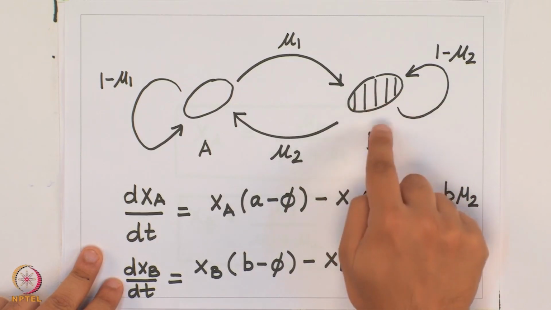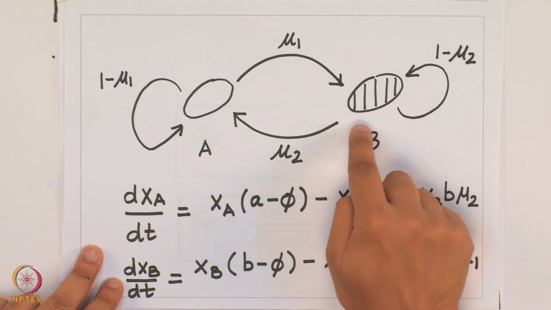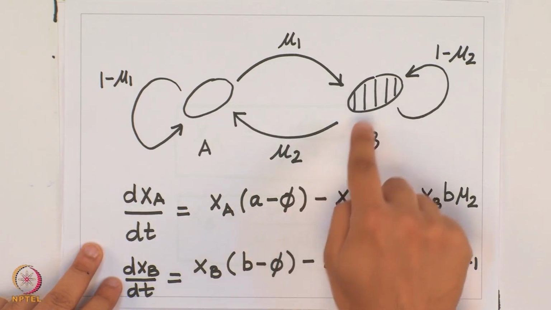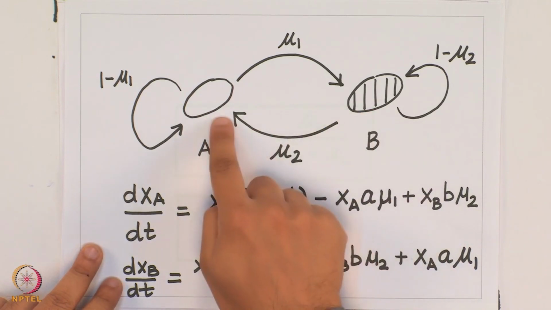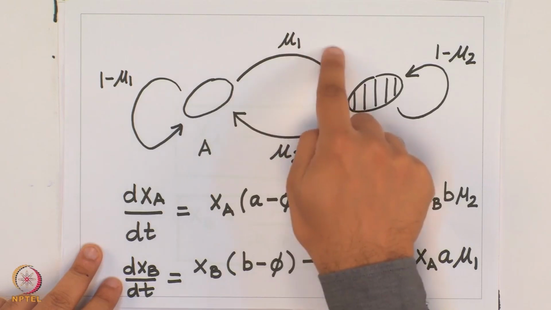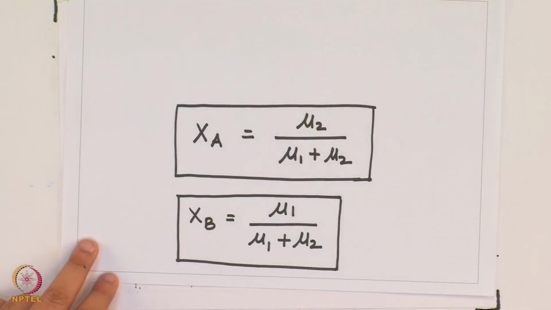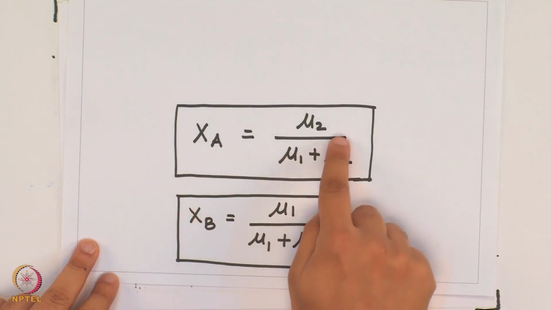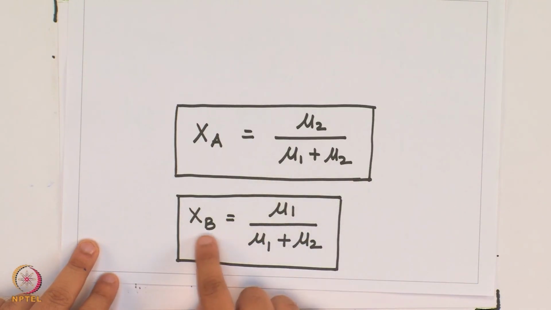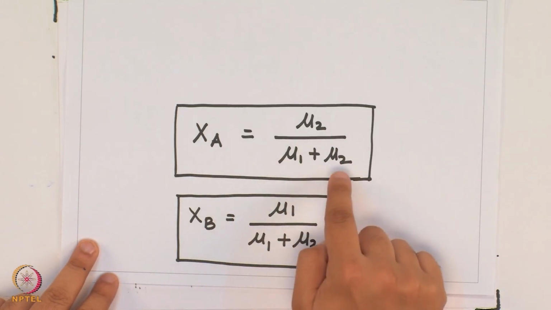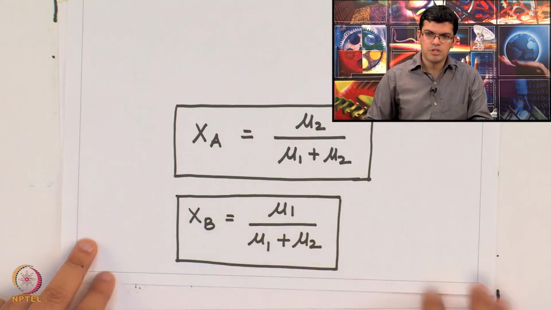That means genotype B is replicating, and every once in a while it makes an error resulting in genotype A. In this scenario, it is easy to imagine that the population will continuously keep rising in genotype A, whereas this arrow is equal to 0, and hence eventually all individuals will belong to genotype A, which is what our result shows: xa is equal to mu 2 divided by mu 1 plus mu 2, and xb is mu 1 divided by mu 1 plus mu 2. Should mu 1 be equal to 0, xb would automatically come out to be 0, and xa would automatically come out to be mu 2 divided by mu 2, which is equal to 1.